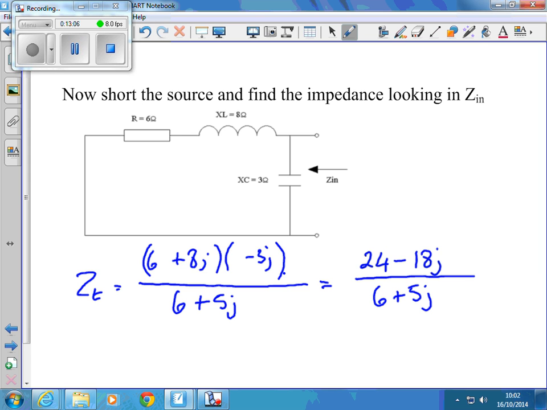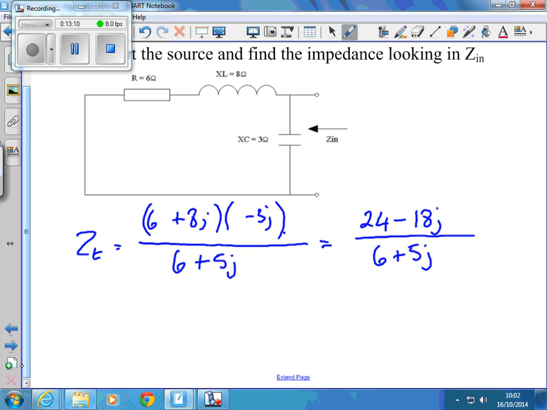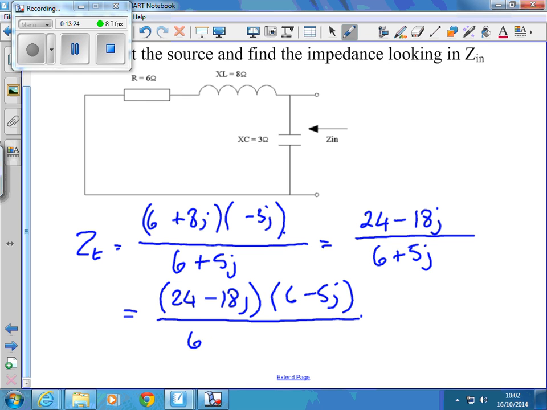That's the mathematician's language for it. So it now equals 24 minus 18J times 6 minus 5J all over 6 plus 5J times 6 minus 5J.